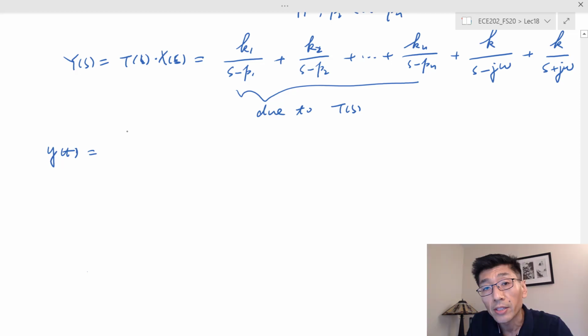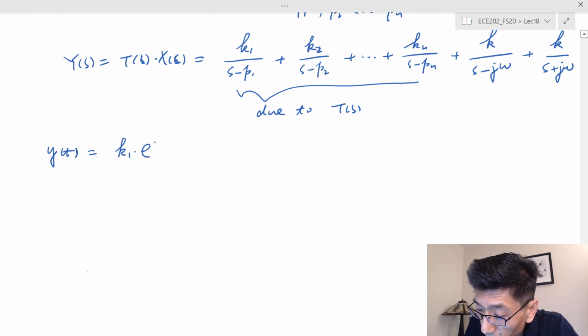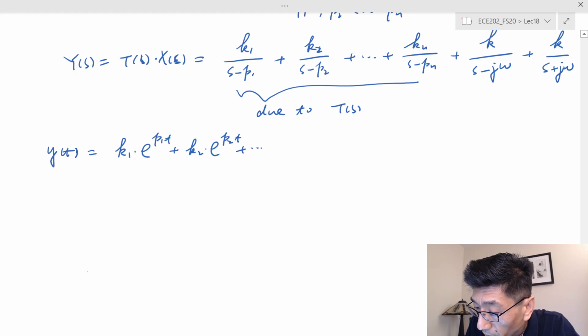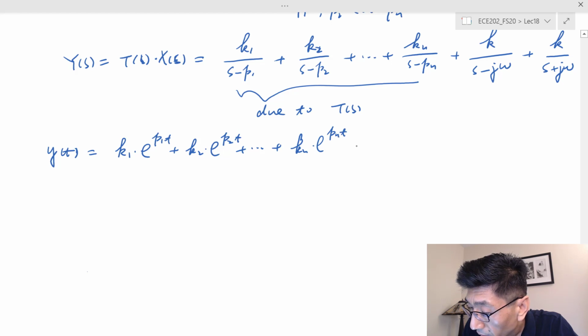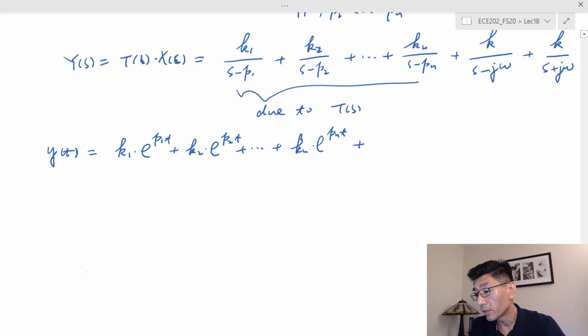We're going to use the s-domain translation property. That's going to be equal to K1 times e^(p1 t) plus K2 times e^(p2 t) plus Kn times e^(pn t).